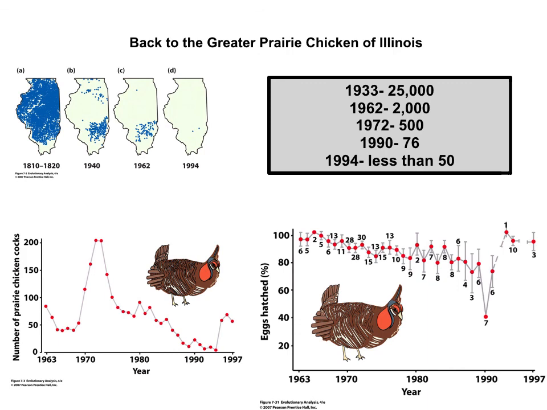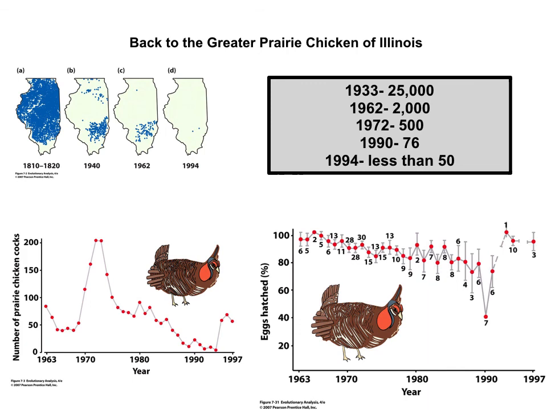But even with that dramatic habitat destruction, it seems that it wasn't the prairie chickens' only problem. If you remember, in the 60s, conservationists established some prairie chicken reserves and worked to restore and maintain that prairie habitat. And these efforts appear to be working.